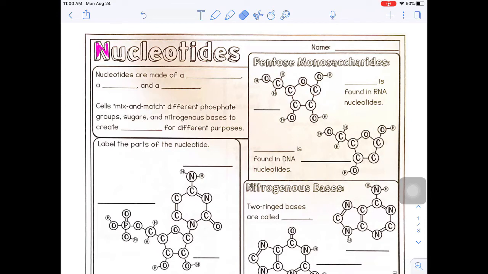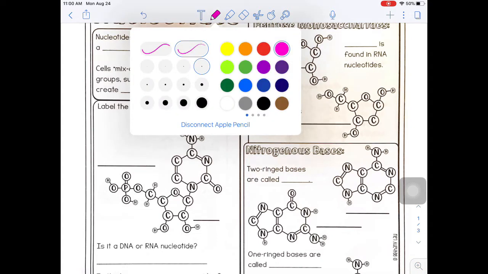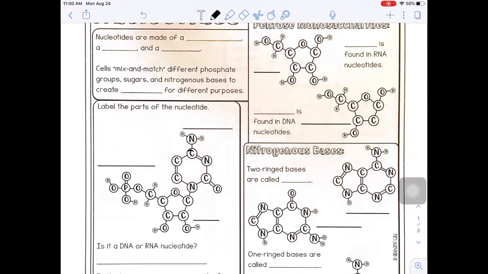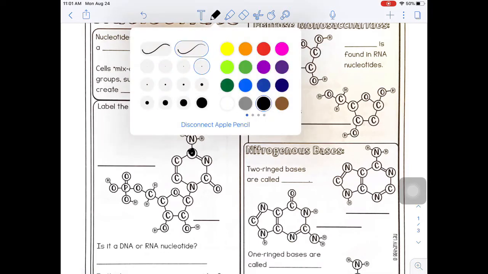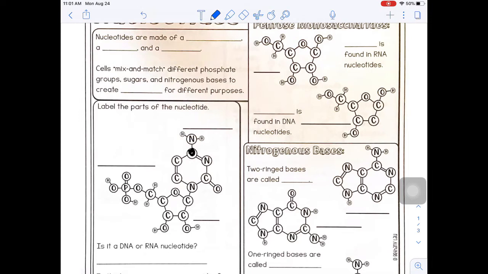So firstly, on this page of nucleotides, I'd like you to color in the atoms, and let's start by coloring in the carbon atoms black. So you're going to color all the carbon atoms in black. The rest you can choose.